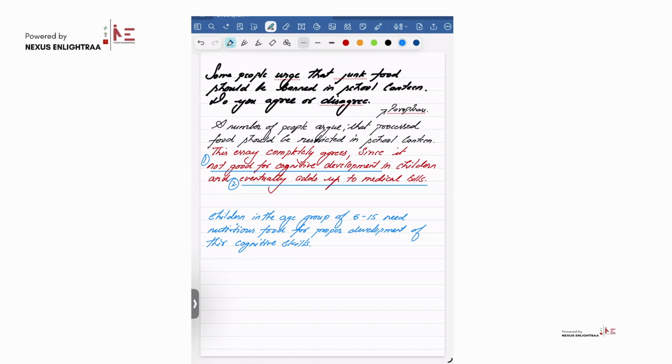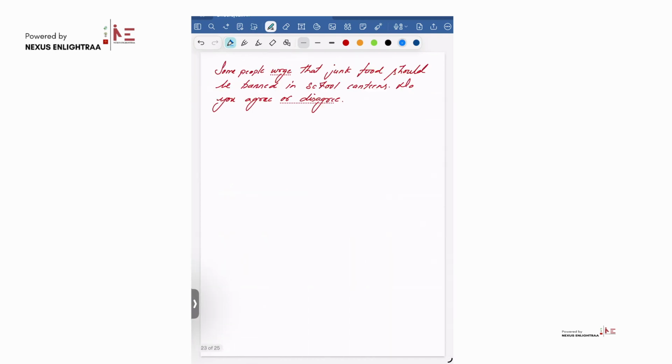Right? And fast food is proven to lack any element required for it, right? So what did I do in here?